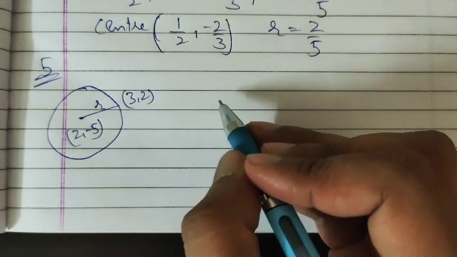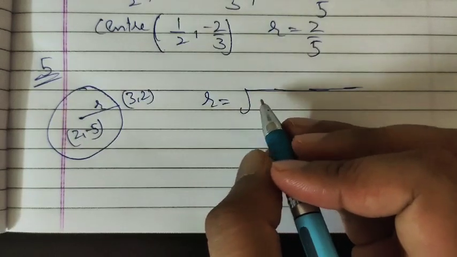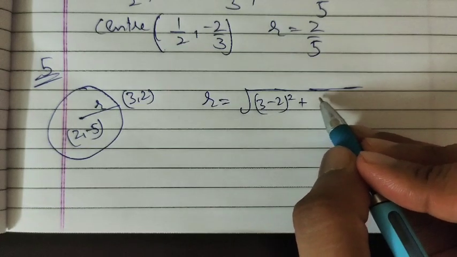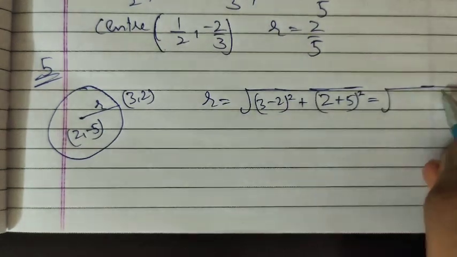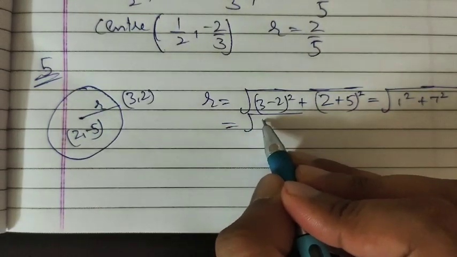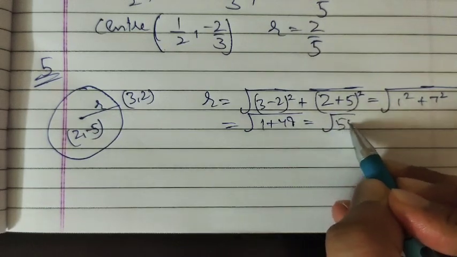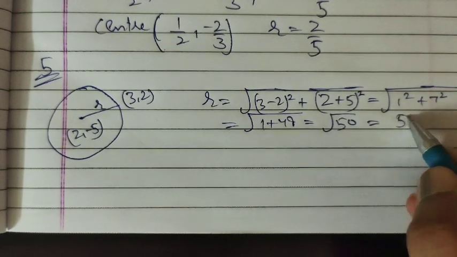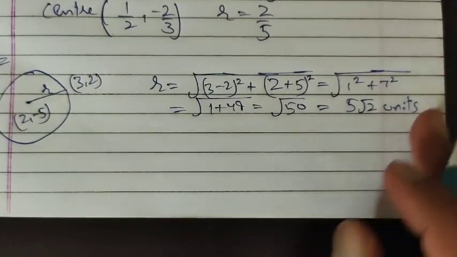So the radius value we all know: radius is equal to the square root of, you can apply the distance formula, (x2 − x1)² + (y2 − y1)², so (3 − 2)² + (2 + 5)², which will be equal to the square root of 1² + 7², which is the square root of 1 + 49, the square root of 50, or we can say 50 is 25 multiplied by 2, so 5√2 units. Right, so 5√2 units is the radius.